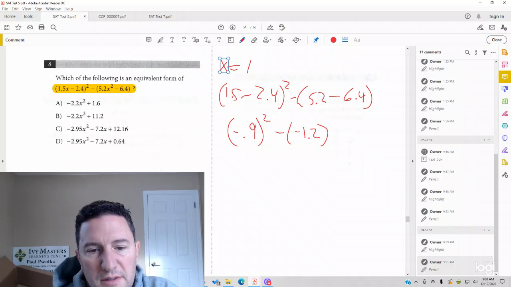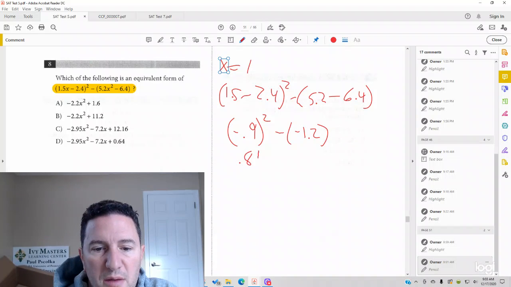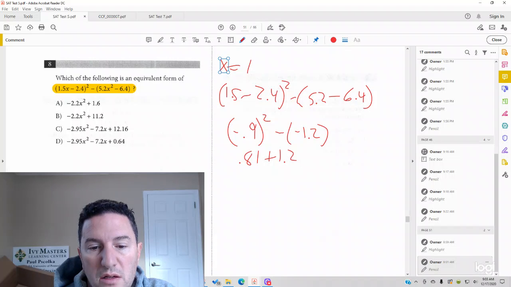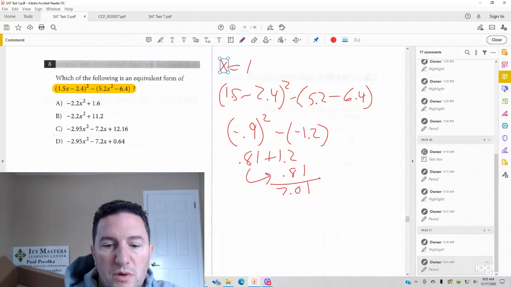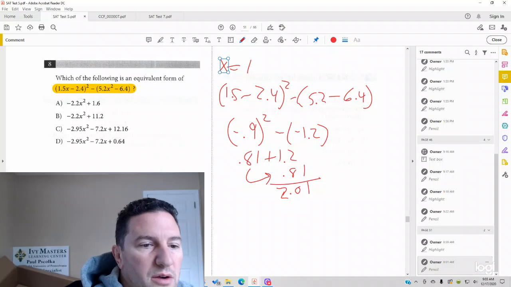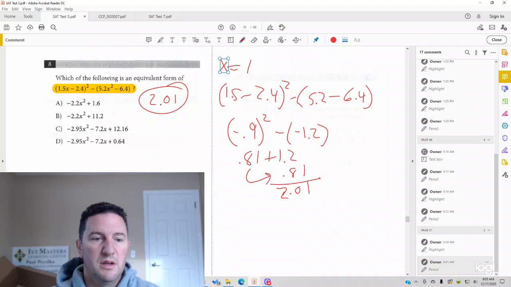And then here you're going to get positive 0.81, since a negative squared is a positive. And when you subtract a negative, you add a positive. So this is plus 1.2. And if we did this, 0.81, and remember, this is with Calc Math, but you get 2.01. Okay, so I'm going to write it over here, 2.01, and circle it.